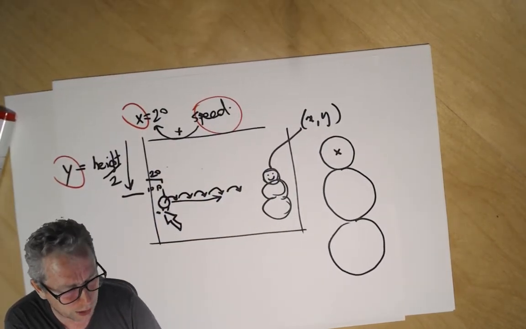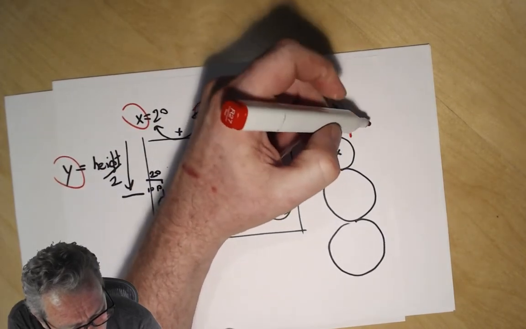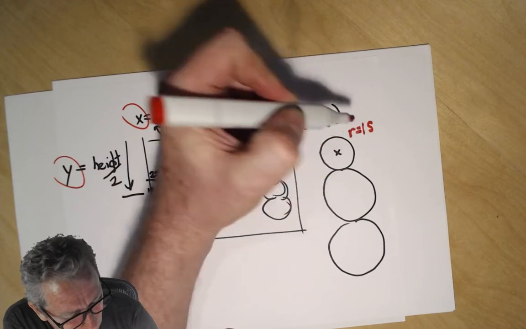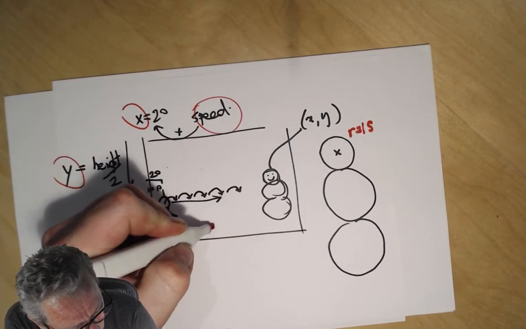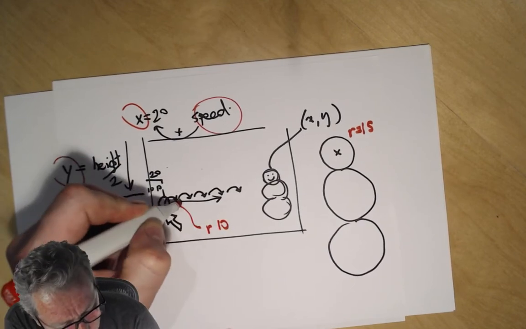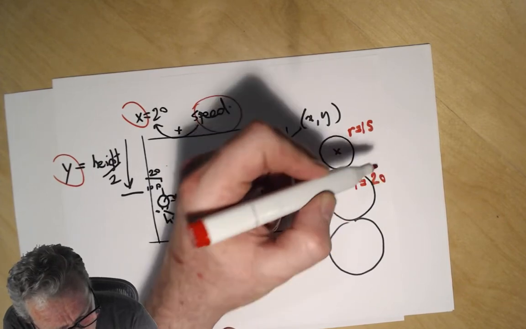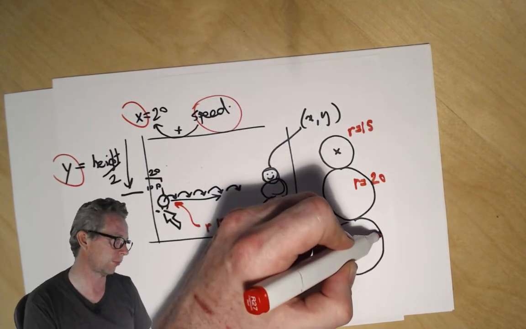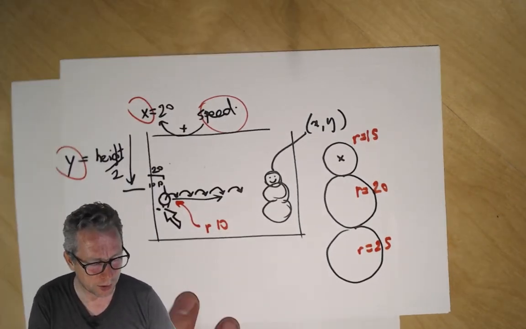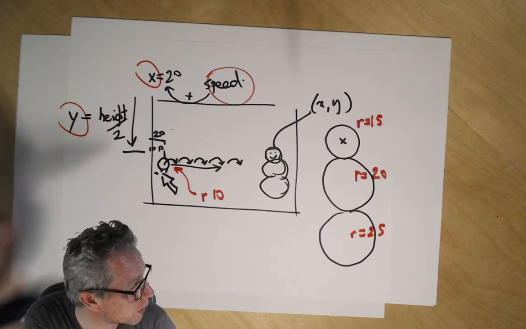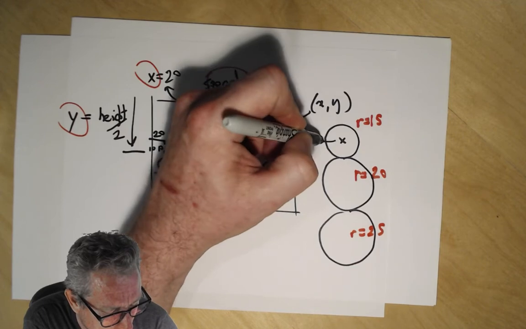And the head is going to have a radius of 15, so it's going to be a little bit larger than the snowball, which has a radius of 10. This one's going to have a radius of 20, and this one's going to have a radius of 25. So whatever the X position is, the Y position for that one is going to be Y.